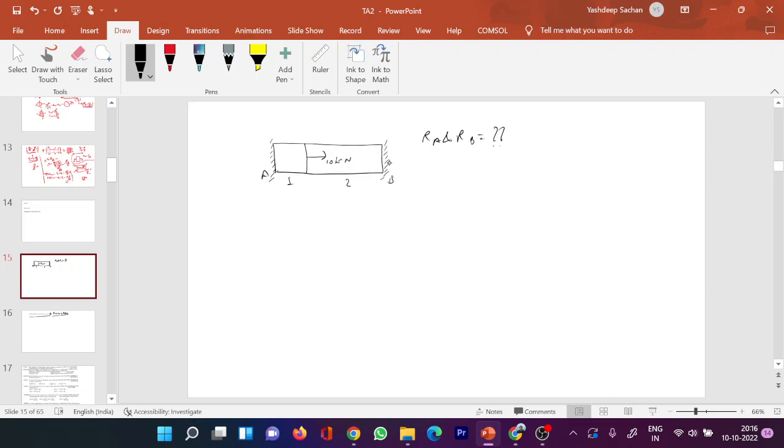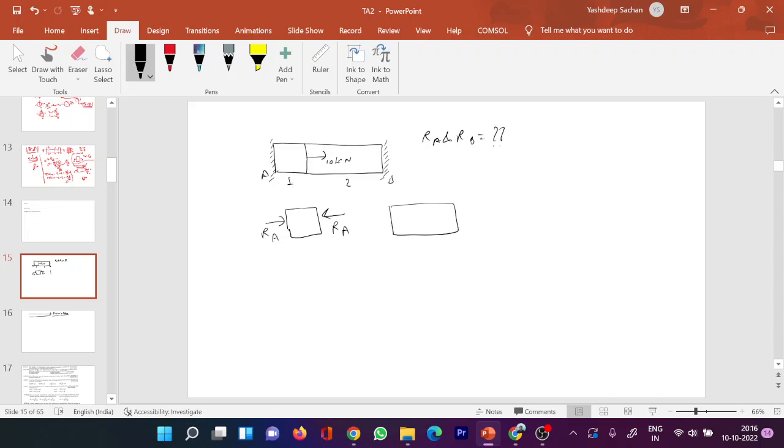Till now, one part was open, but here both are closed. Both are fixed. So what do we have to do? If both are fixed, then we have to assume the reaction at one side. Let's suppose this is AB. Let's suppose we assume the reaction RA here, and RA would be here.